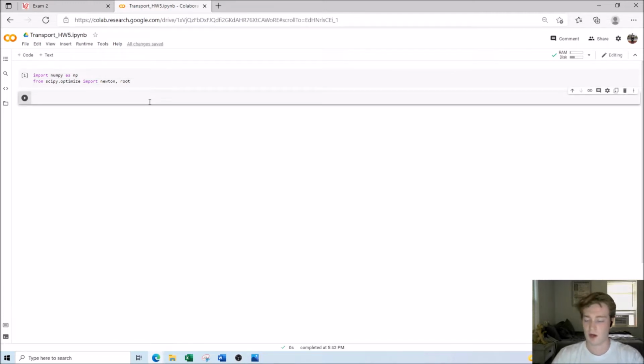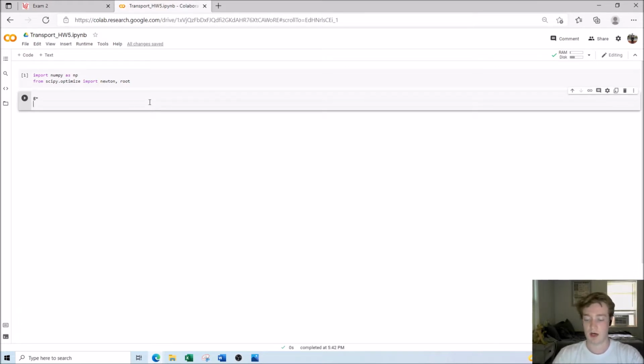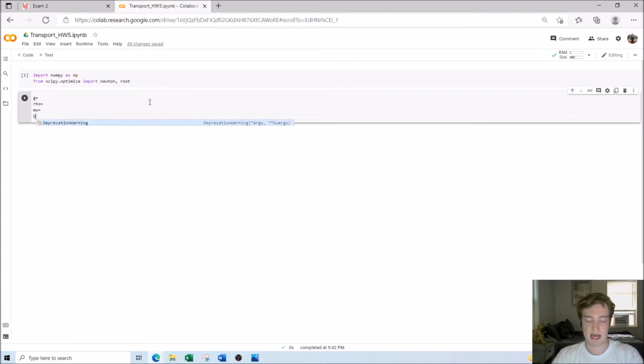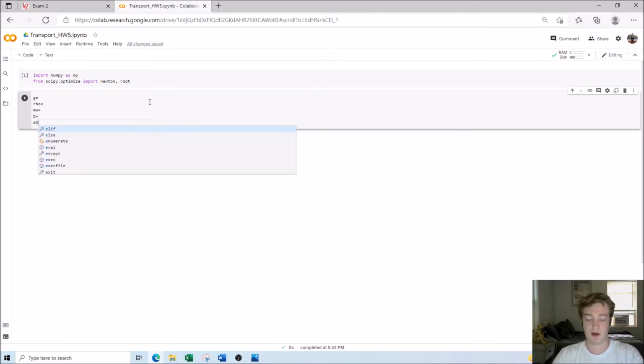All right, what else do we know? We probably want to know what the gravitational constant is, so g. We want to know the density, rho. We want to know the viscosity, mu. And what else do we want to know? We probably want to know the diameters of all the pipes and the relative roughness of all the pipes. All right, so let's fill these in. We know the gravitational constant is 9.81.